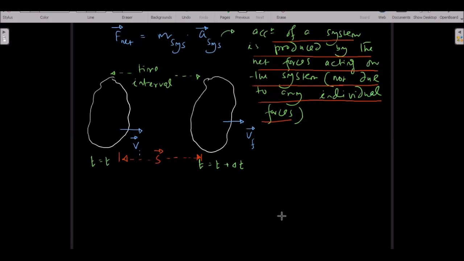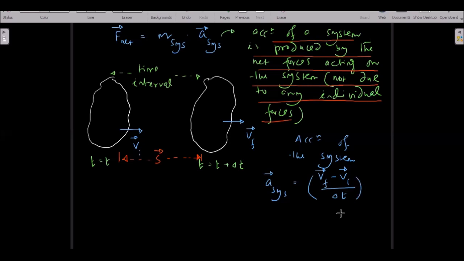Now look. Can we write acceleration of the system, A system vector, is equal to Vf vector minus Vi vector by delta t? Rate of change in velocity is the acceleration. It is not a big deal. Correct? Is it okay for everyone? Simple equation.